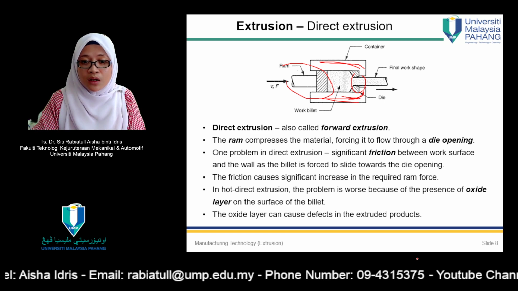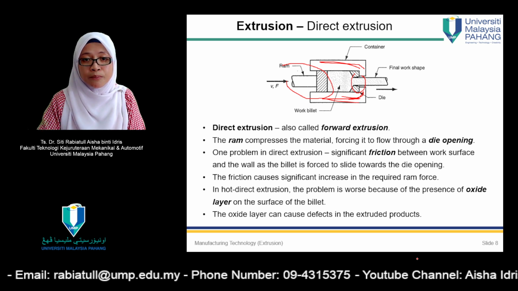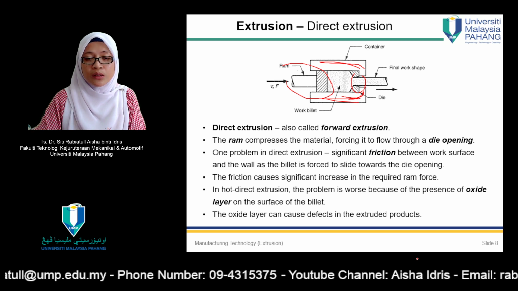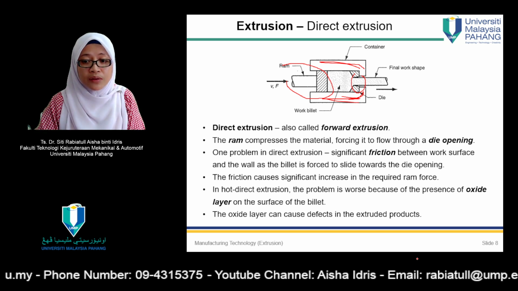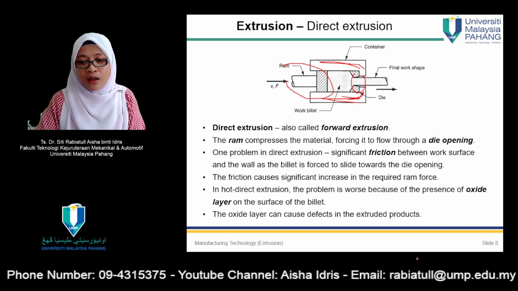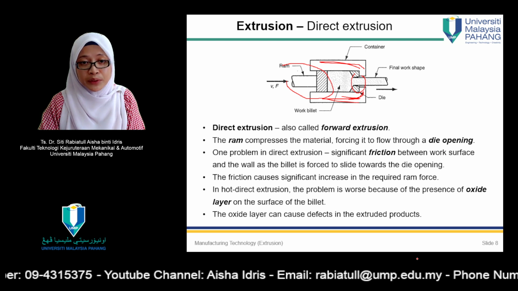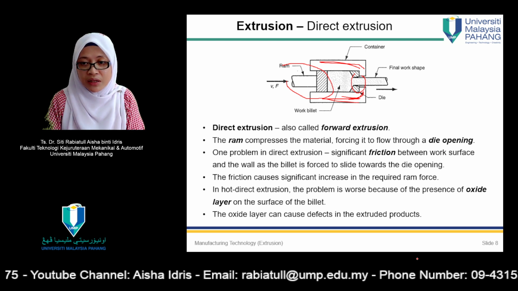In hot direct extrusion, such problems become even worse because of the existence of an oxide layer on the surface of the billet. This oxide layer may cause defects in the final product, so we want to reduce this kind of oxidation.